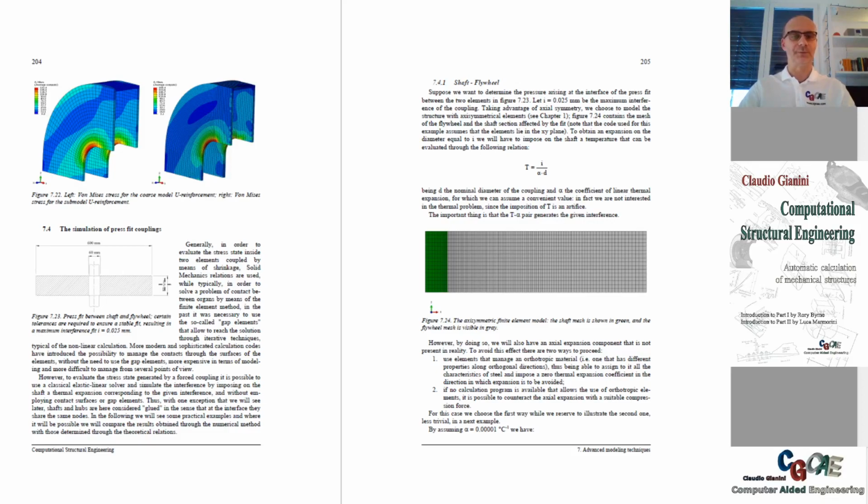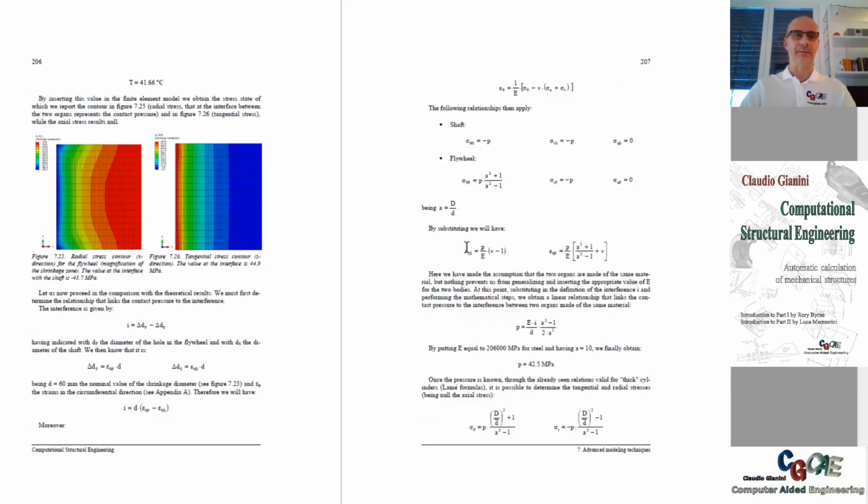Then we talk about press fit connections, like a flywheel on its shaft. This would be the domain of nonlinear calculations for contact reasons, but we can still use a linear code with a node-to-node connection, and then with some tricks we can apply the pretension.